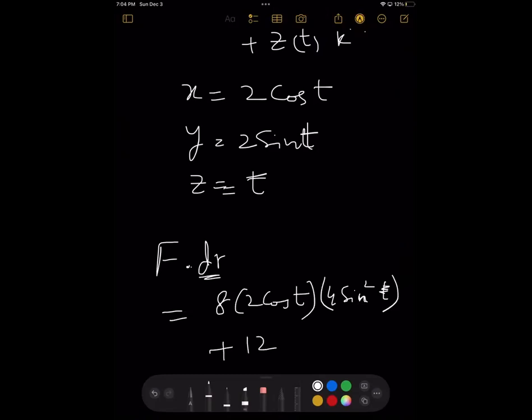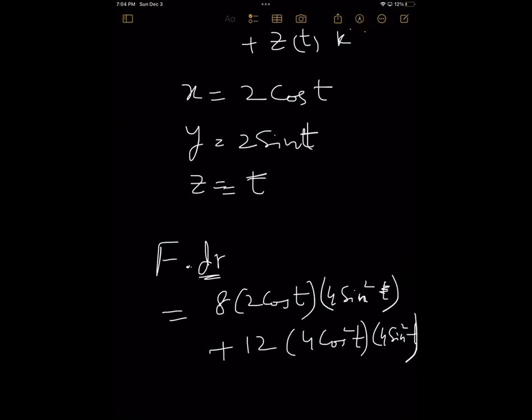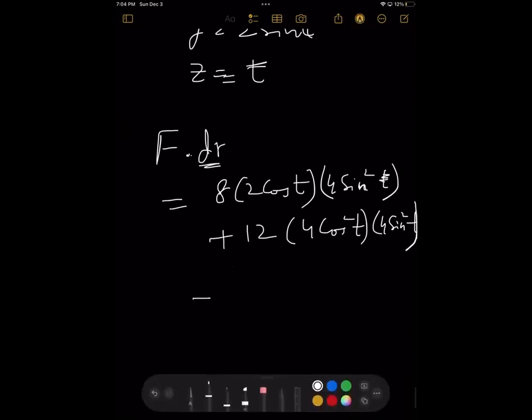So 12, we have 4 cos square t, 4 sine square t, plus 4 into 4 cos square t.